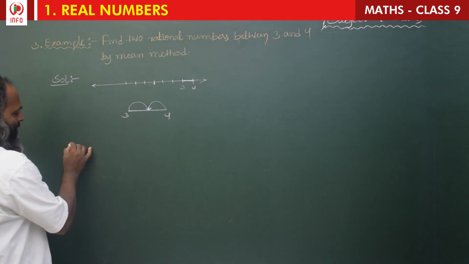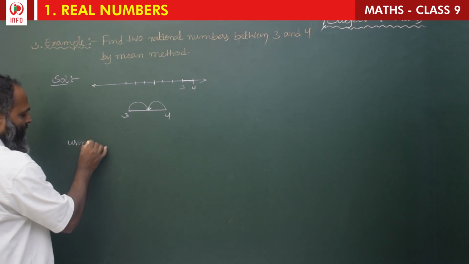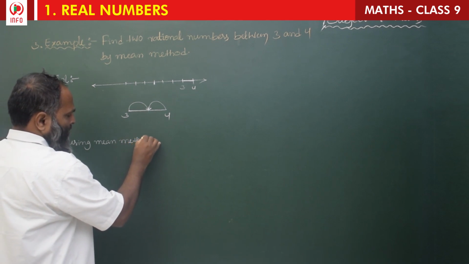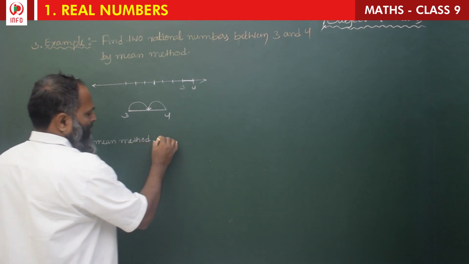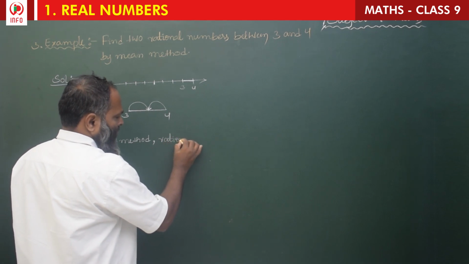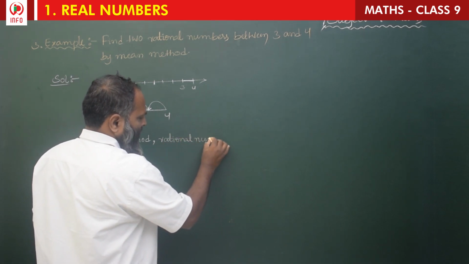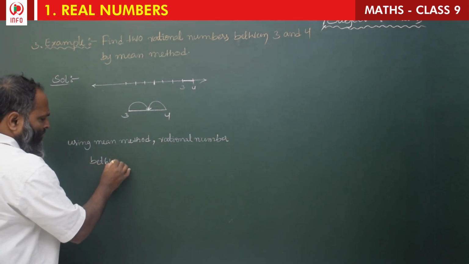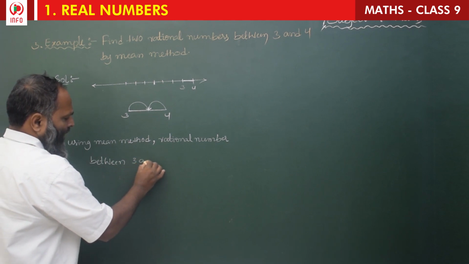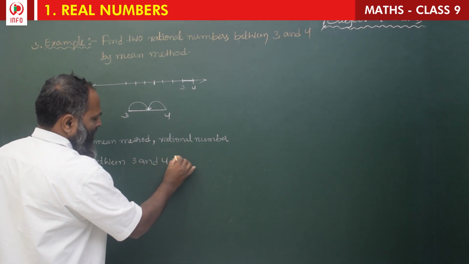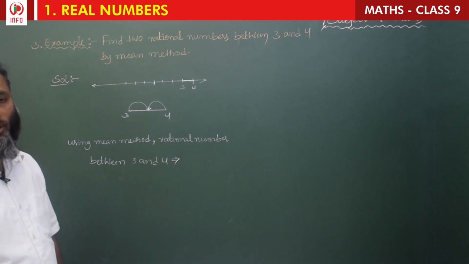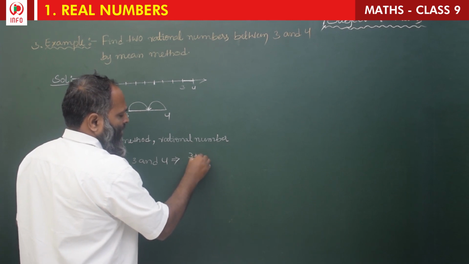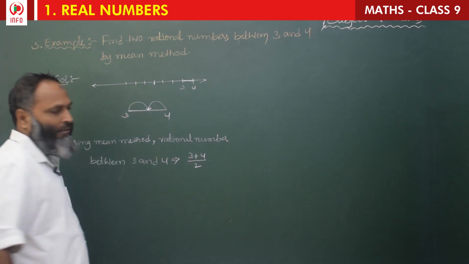Using the mean method, a rational number between 3 and 4: we add 3 and 4 and divide by 2, which means the average of the two.